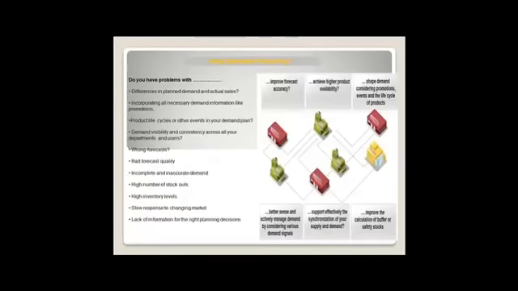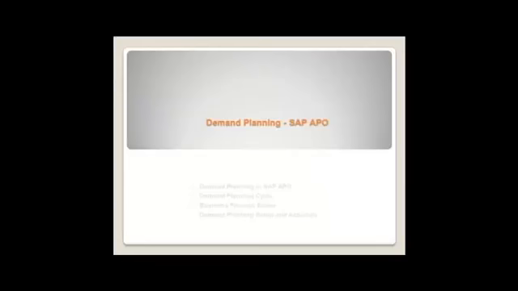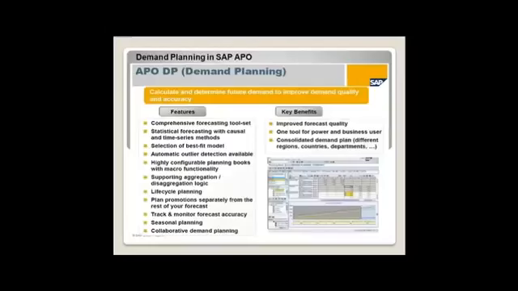There are a lot of functionalities which you are not able to get in Excel or other legacy tools. So one is we can get more forecast accuracy. Another thing, we will get a lot of functionalities, and another beauty, we have an interactive planning screen. So in one screen you can access everything. This is the reason APO DP has been a success in the forecasting tools.